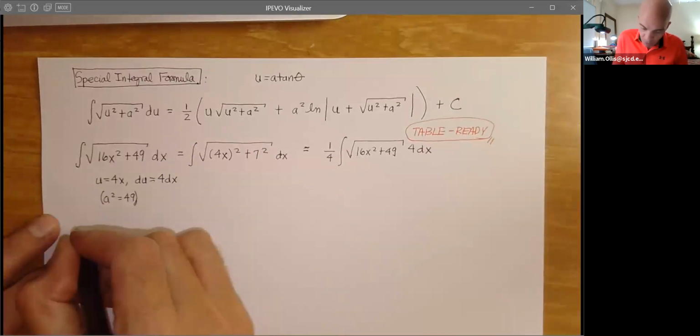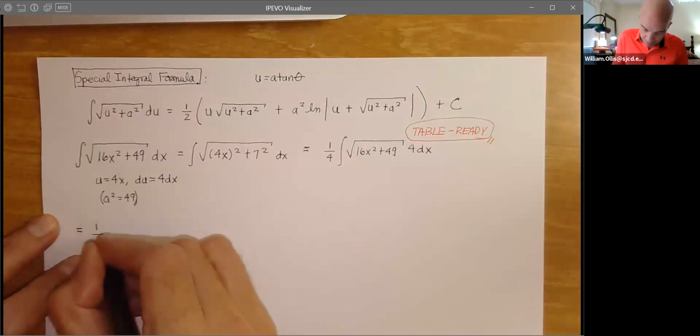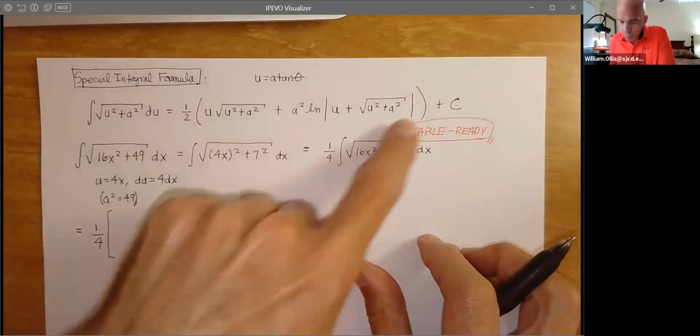So now we can take this and apply this formula. Notice we've got the 1/4, which is hanging out. And then we replace this with all of this.